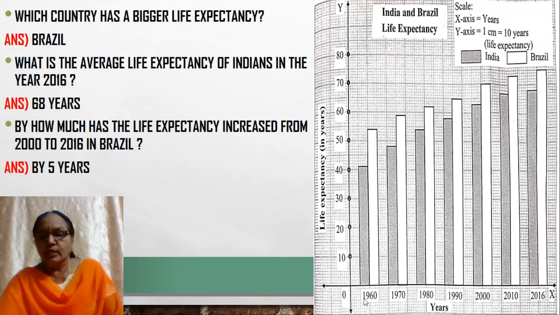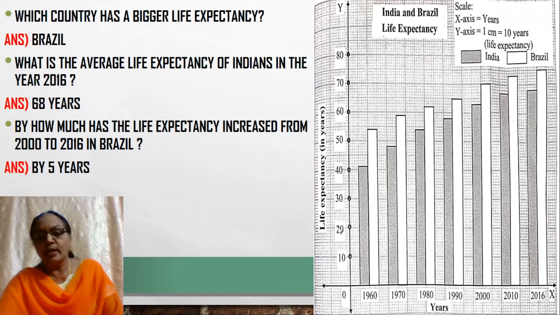The years they have taken from 1960. You have 1970, 1980, 1990 up to 2016 on the x-axis. On the y-axis, we have life expectancy in years. Here you find on the y-axis, this is 1 centimeter. So 1 centimeter is equal to 10 years.